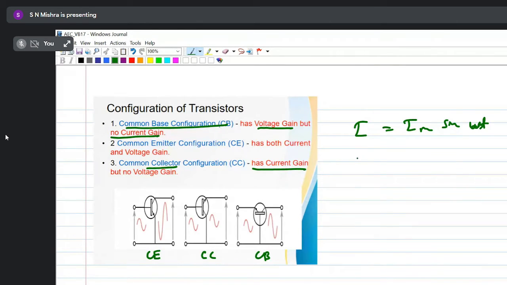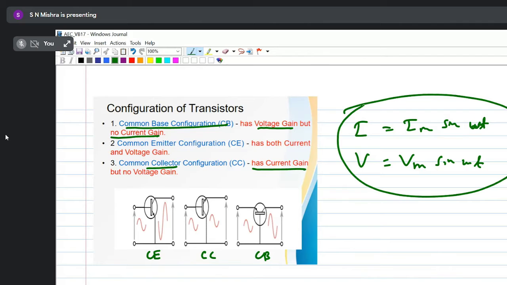If I want to write a voltage signal, then V equals Vm sine omega t. So you can represent these two types of signal. Whatever real-time signal, like my mechanical signal or voice signal, will be converted by the transducer, and this signal is given to the amplifier. So a current or voltage signal will be given to the amplifier and it will amplify that.